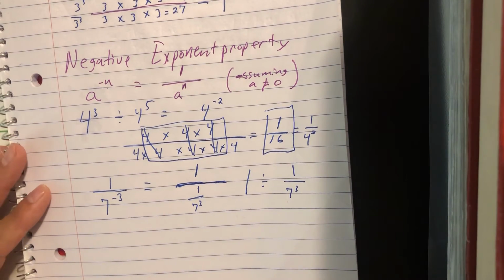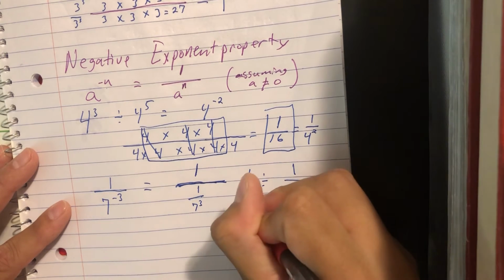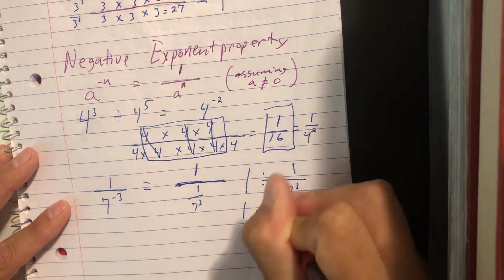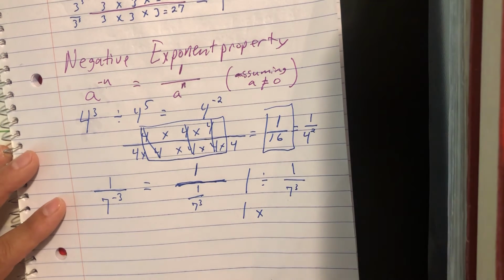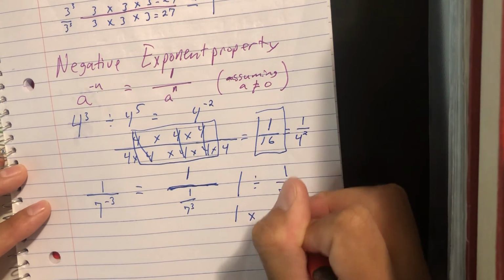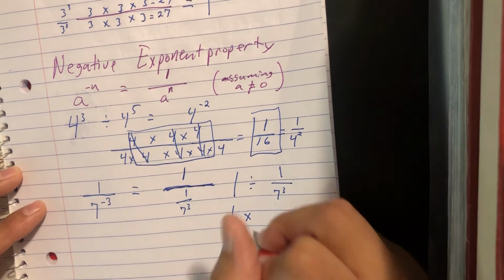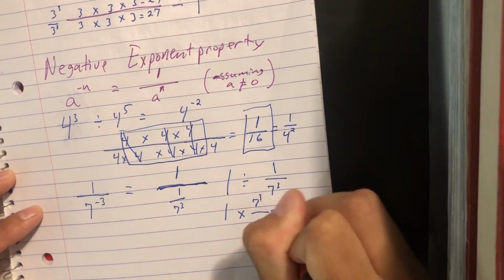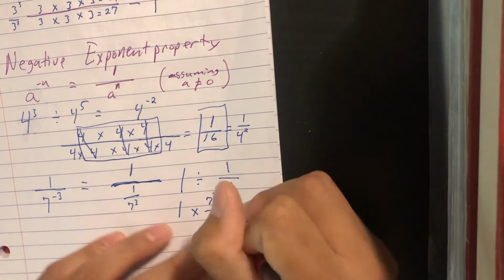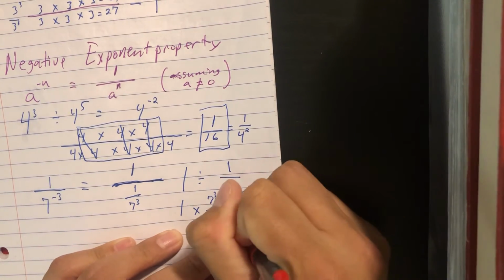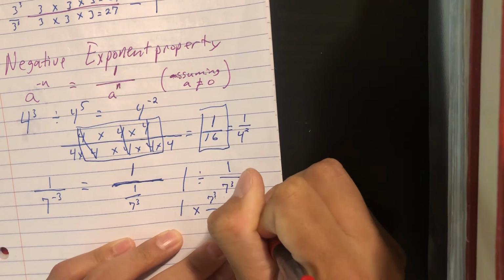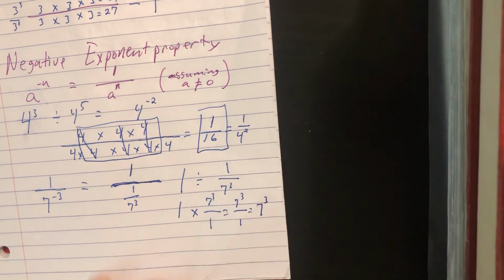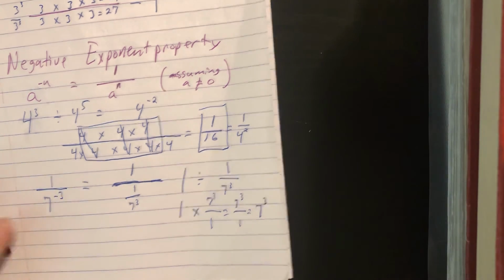When you divide by a fraction, it's the same as multiplying by its reciprocal. So it's the reciprocal of 1 over 7 to the third, which is 7 to the third over 1. And 7 to the third over 1 is just 7 to the third.